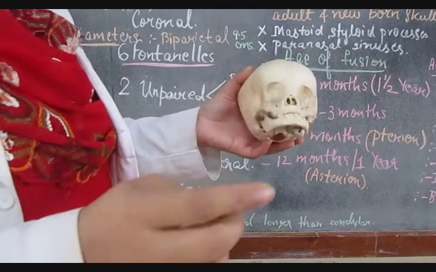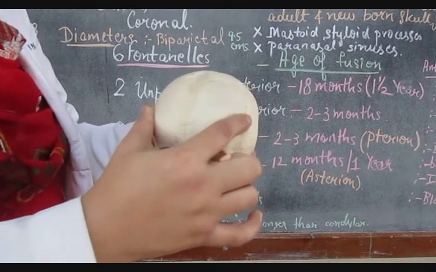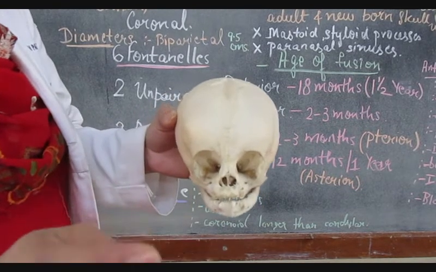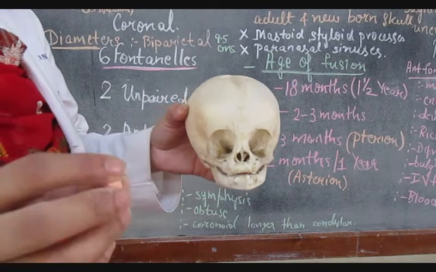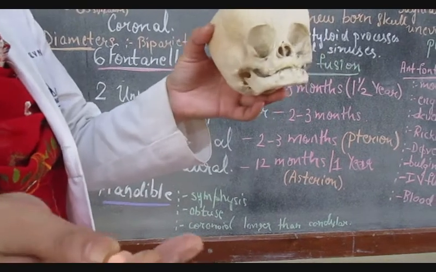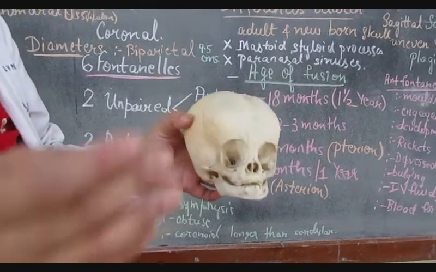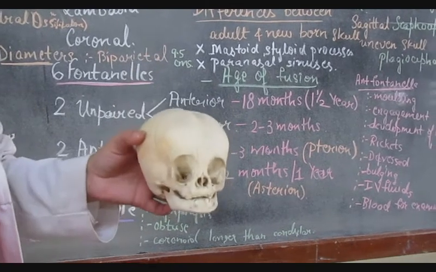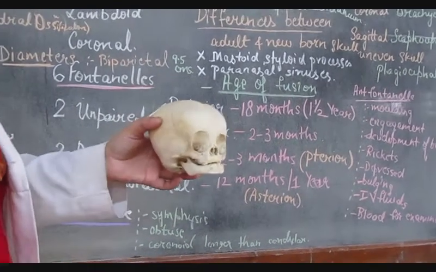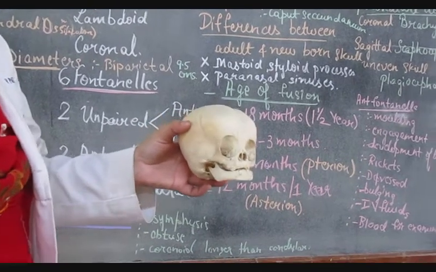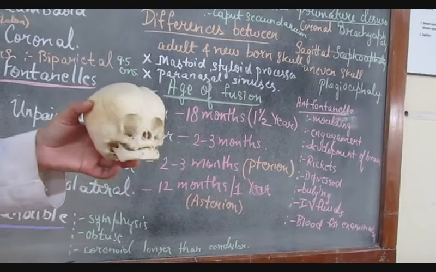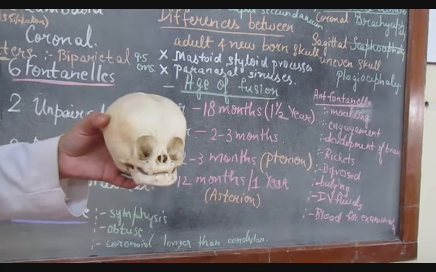Then diploe. The fetal skull has unilaminar bone, and the diploe starts appearing by 2 years and gets complete by 4 years of age: the 2 compact bone plates, inner table and outer table, are separated by spongy or cancellous bone. So then the skull will be bilaminar.